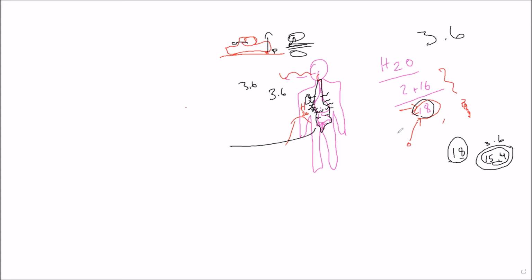I didn't hear. What did you say? Okay, you have water. All right. Now I understand. So what you have is 15.4. Because this 3.6, you already gave it to the cells to work as energy.